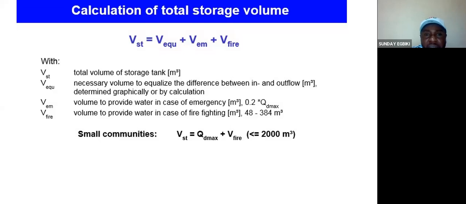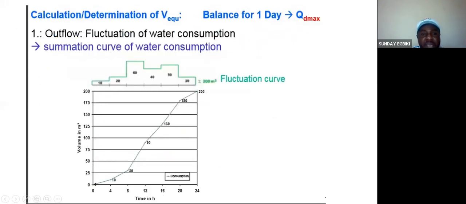As a result, we have what we call the consumption pattern. In the EPANET software next tomorrow, Uche will be telling you how to create a pattern to show the way you are consuming water. When you create that pattern, you are not going to have a straight line. Taken cumulatively, the curve is said to be an S curve. This is how the curve will look, a curve of the consumption pattern.